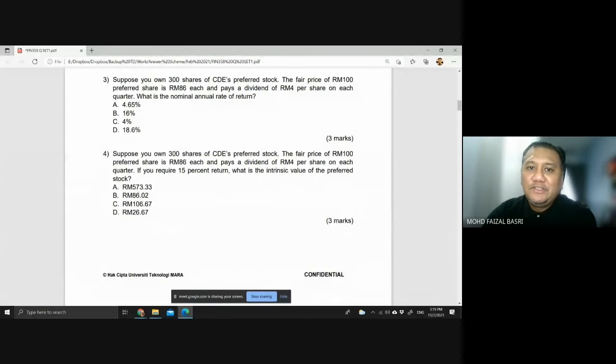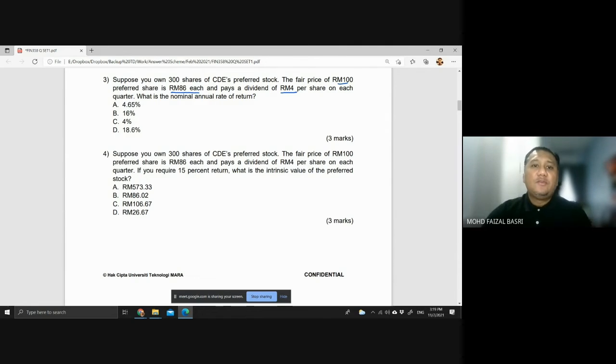Suppose you own 300 shares of CDE. So this is a company, still preferred, see how many preferred questions are in here. The fair price is RM100. Okay, that is RM100. And RM86 is the market price. And RM4 is the amount of dividend.